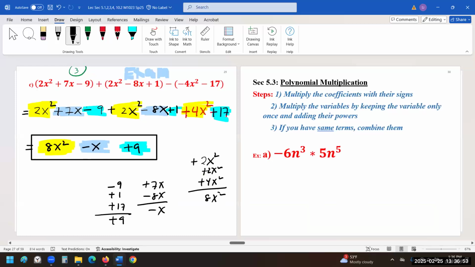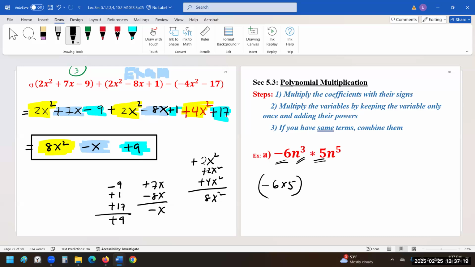Any question before we move on to the multiplication? No? Multiplication is very similar, but in multiplication, we use the exponent rules. So when you multiply, you multiply number with number, and variable with variable. For example, here we have negative 6 and 5, they are numbers. So you multiply negative 6 times 5.